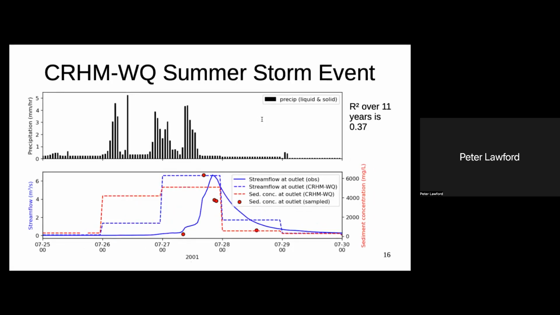And for the summer storm events, we're doing a little bit better, but we don't always capture the recession curve well for the summer events either. And of course, driving sediment concentration is stream flow. So having good stream flow results is necessary for having good sediment erosion results.